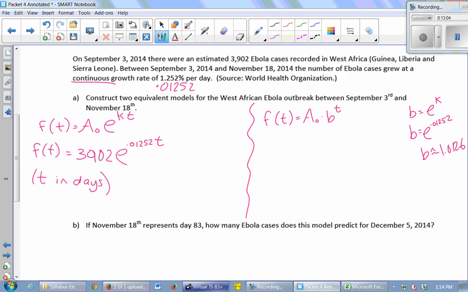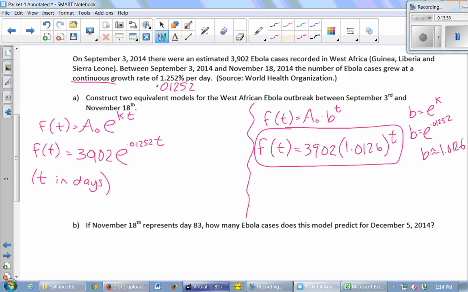In order to have growth in this formula, what has to be true of b? It has to be bigger than 1. And the number I came out with is bigger than 1. So at least that piece of it makes sense. So then I'm just going to plug in here. My a sub 0 is 3,902. And then my b is 1.0126 to the t.